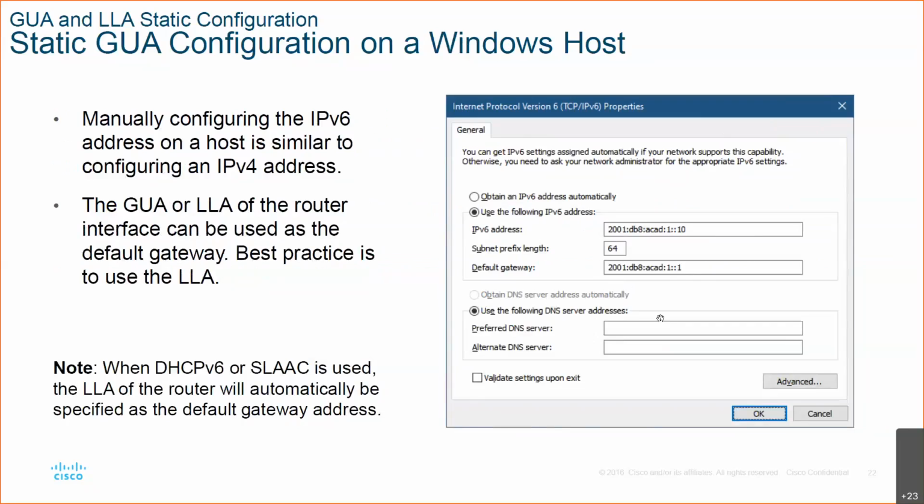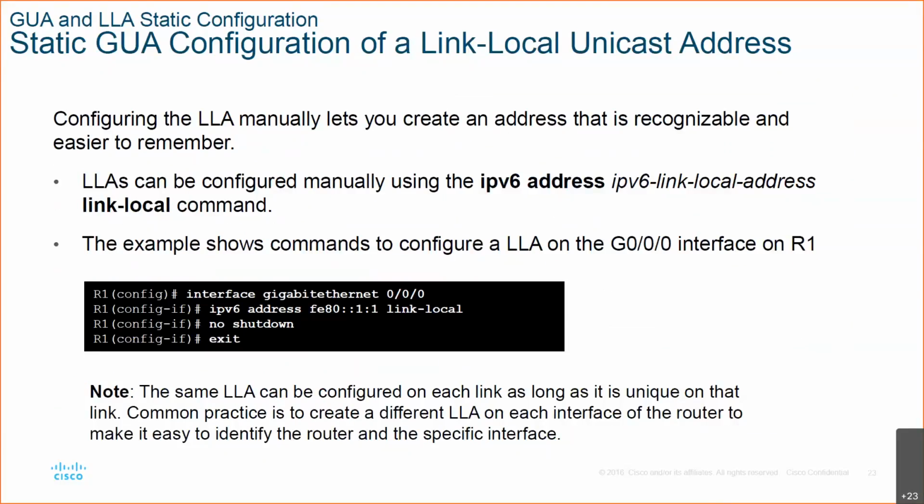You can also give your link local address manually, a static address. Same way, just go to your conf t and then type interface GigabitEthernet 0/0. Then, instead of giving a global unicast address, you say ipv6 address.